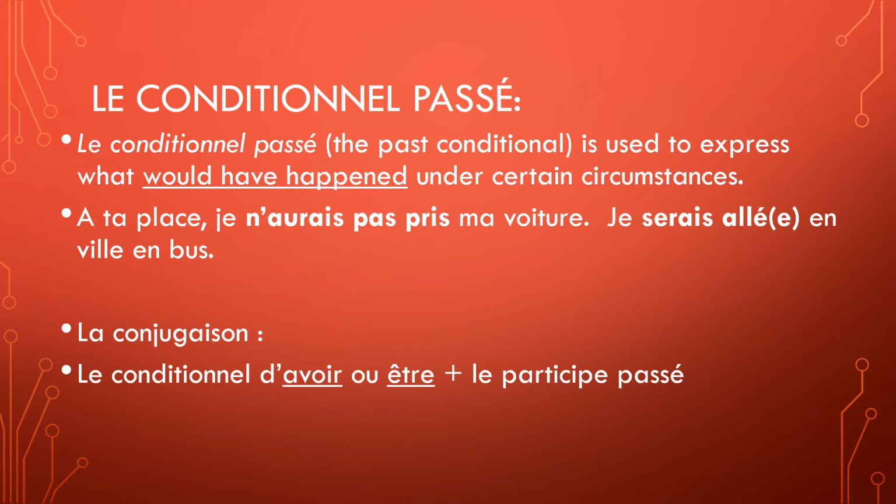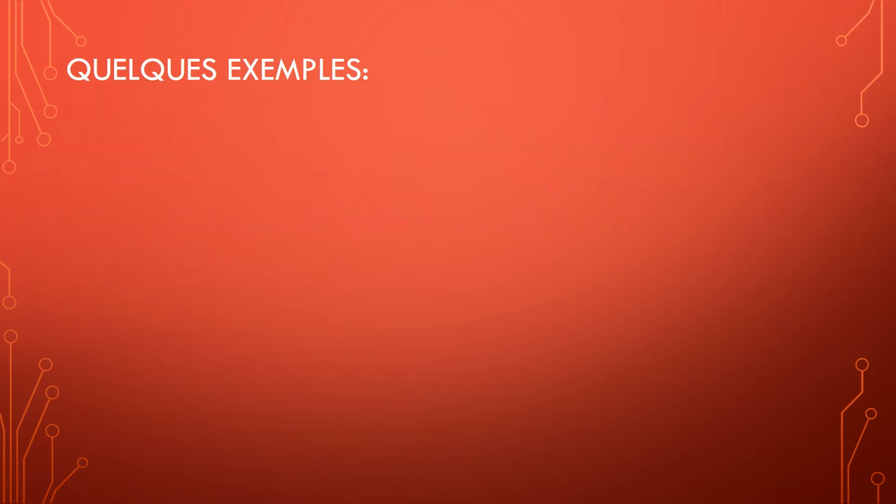So when you're conjugating le conditionnel passé, we put avoir or être in the conditional and then add le participe passé, or what we consider the second half of the passé composé. So here are some examples.